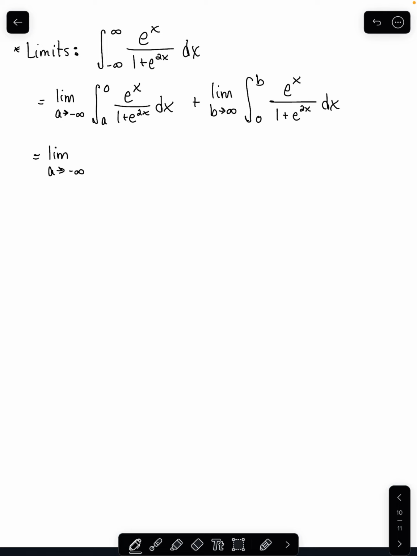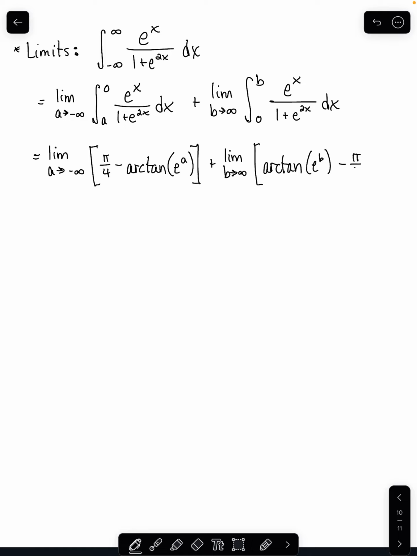So for the first limit, it is the limit as a approaches negative infinity of pi over 4 minus the arctangent of e to the a. And then we have plus the limit as b approaches positive infinity of the arctangent of e to the b minus pi over 4. Of course, the limits of the constants are themselves.